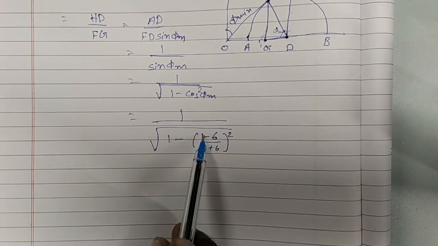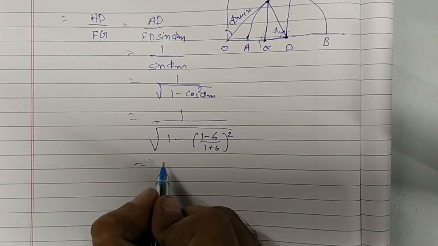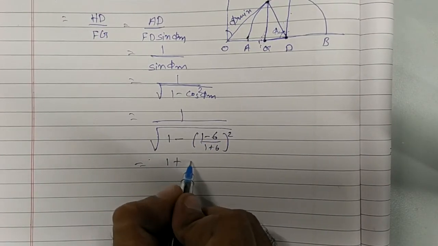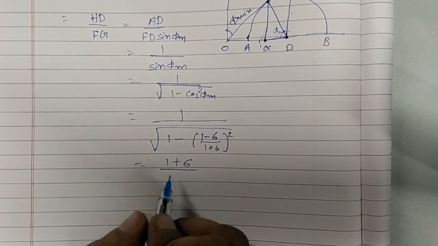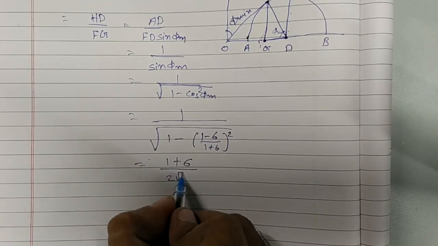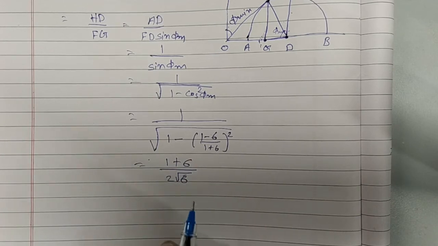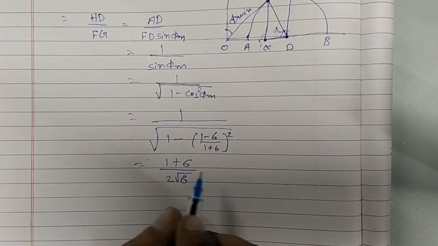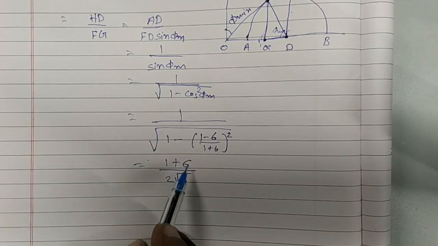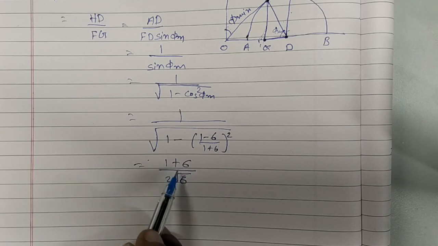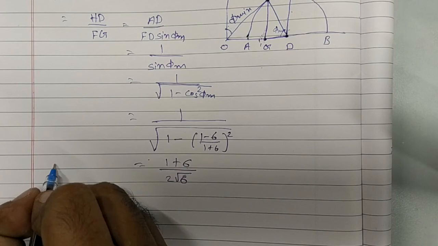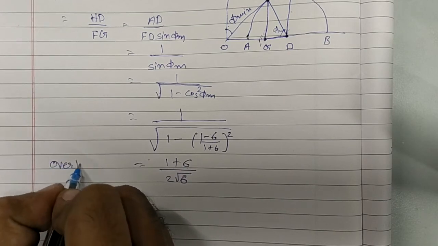If you simplify this, you will get (1 plus sigma) upon 2 under root sigma. So this is the simplified equation relating the dispersion coefficient and overload capacity.